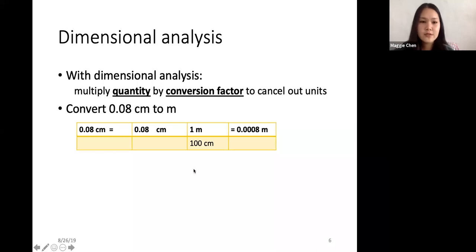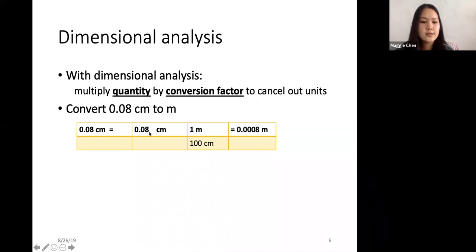So if we wanted to, as an example, convert 0.08 centimeters to meters, we can write it out first as 0.08 centimeters. We know the conversion factor, so there's 100 centimeters in 1 meter. If we multiply that across, we're going to put the centimeters at the bottom of this fraction. So the centimeters from 0.08 cancel out with the centimeters here, and we would just multiply across.